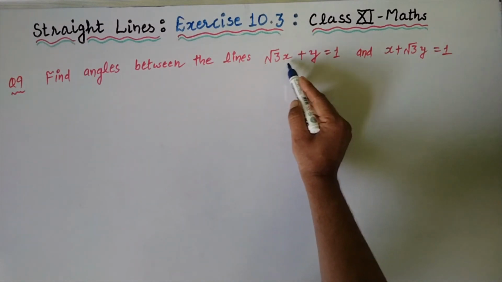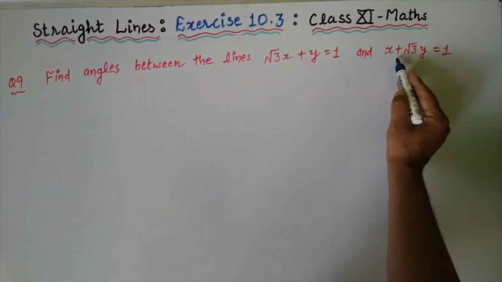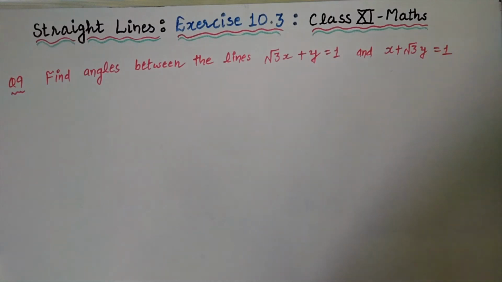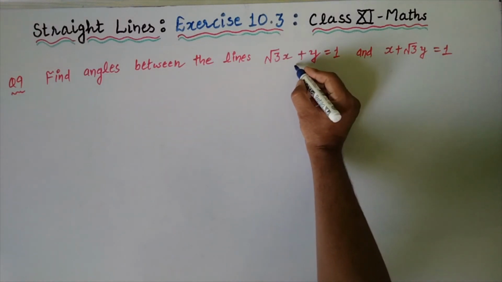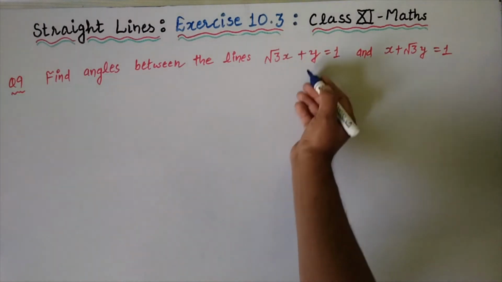Now next question, question number 9. Find the angle between the lines square root 3x plus y is equal to 1 and x plus square root 3y is equal to 1.